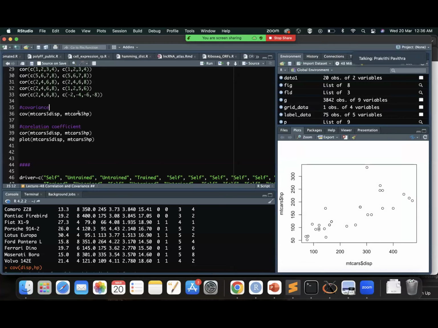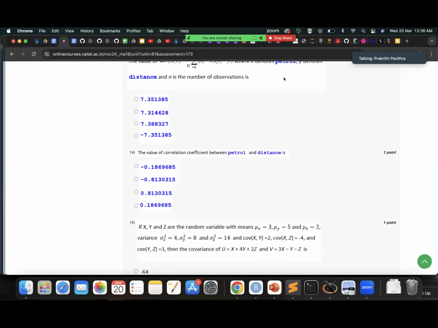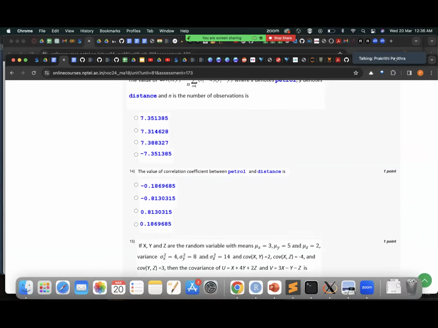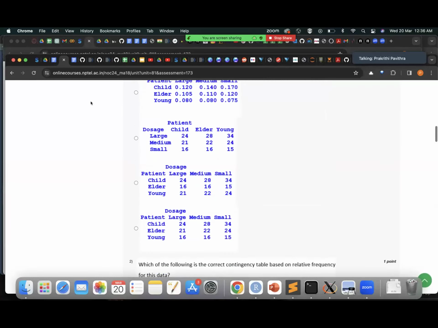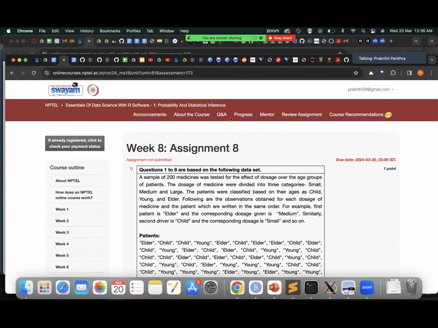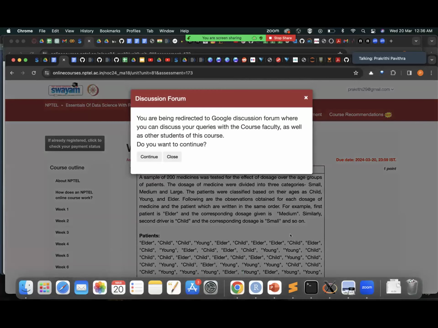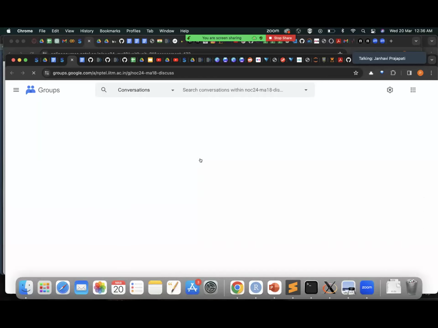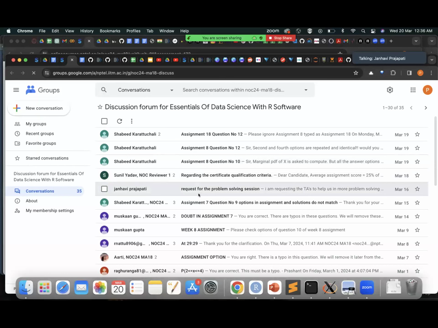If you have any questions, you can post it on the discussion forum as well. If you log into your portal, you'll have this Q&A. It'll ask you to be redirected, you click continue. The 10th question of this assignment asks to give the value of the margin of x and margin and value of y.